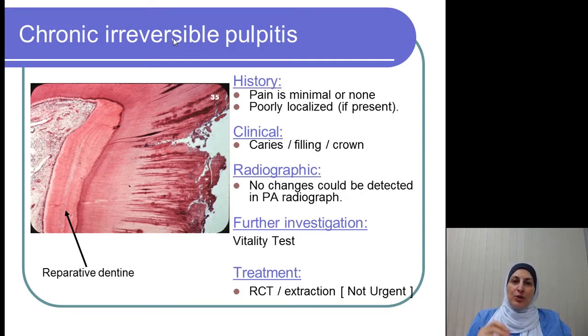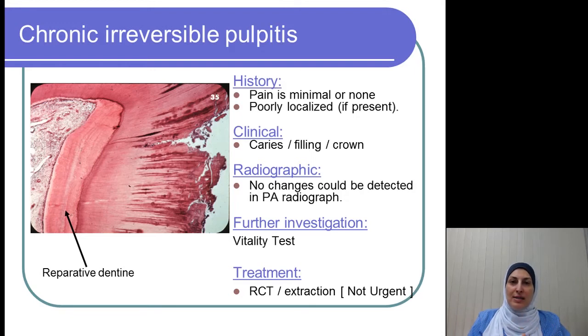However, these changes took place slowly and gradually, and usually you will see there's lots of reparative dentin because it's a sort of protective mechanism, and it's the pulp still trying to maintain its life, although it will not go back to normal. But it's okay with its situation, and all the pulp needs is just to survive.